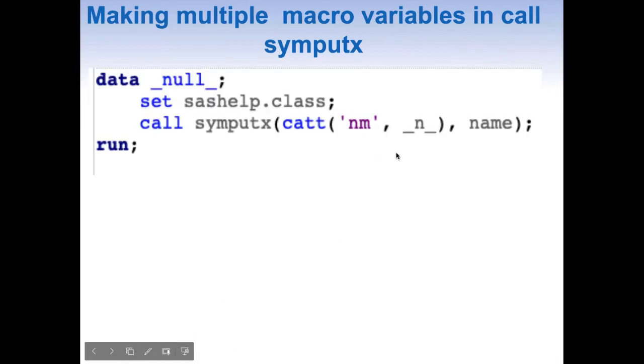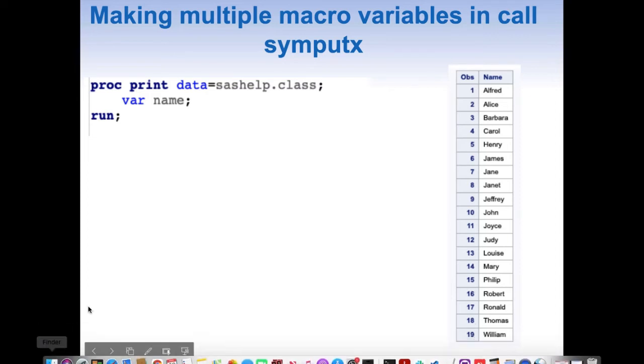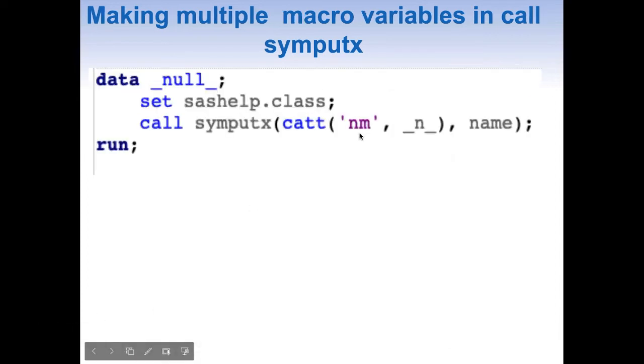So our new macro variable will be nm3 and it will have the value of Barbara. In the same fashion, as we have 19 observations, it will create 19 macro variables, and _n_ will increase by 1 after each observation and the name value will also change.